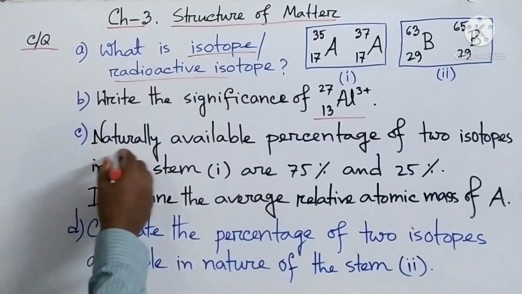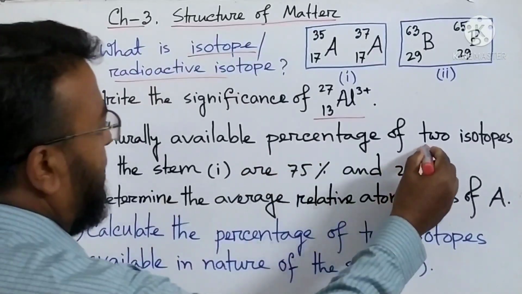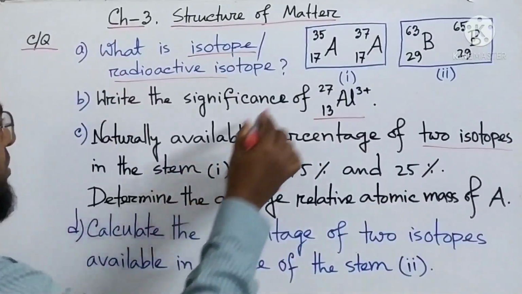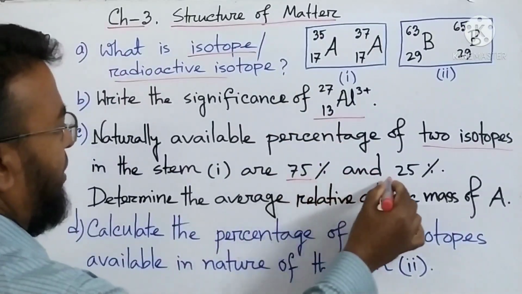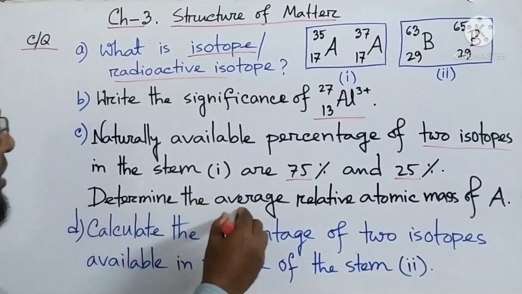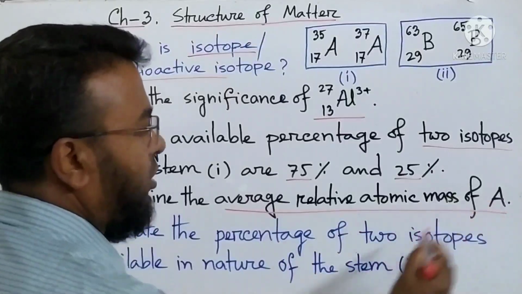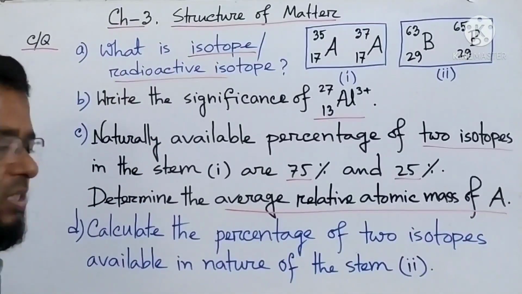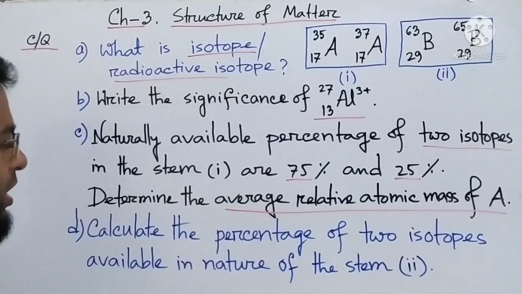Then number C, it is a mathematical question. All of you see that two isotopes are given in the stem, one is 75%, another one is 25%. We have to determine the average relative atomic mass of A. That means it is an element, and we have to find out the average relative atomic mass.